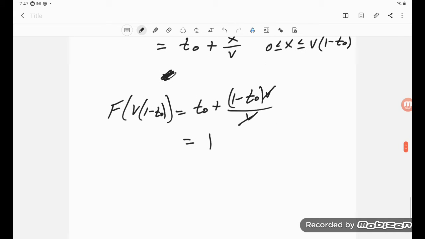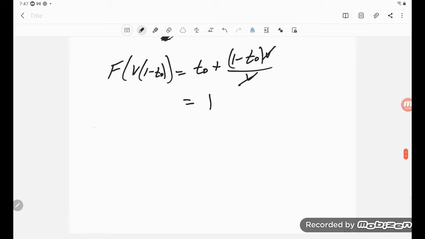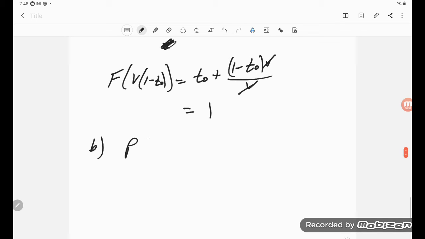And so then, in part B, so that was part A, they want to know the probability that x is greater than or equal to v over 3 when, and I take it as t0 equals 1/2.